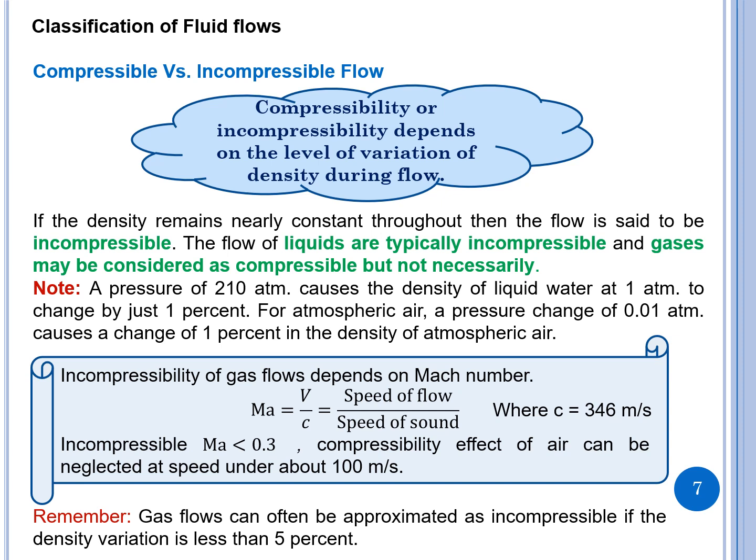Another simple rule is gas flow can often be approximated as incompressible if the change in density is less than 5%. So, for example, because of the temperature, there is going to be some variation in pressure. But if, because of this variation in pressure, the change in density is less than 5%, we treat that fluid as incompressible.